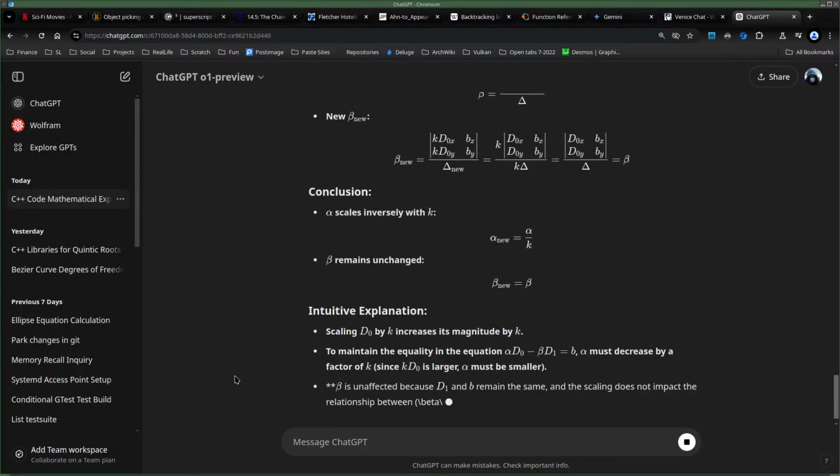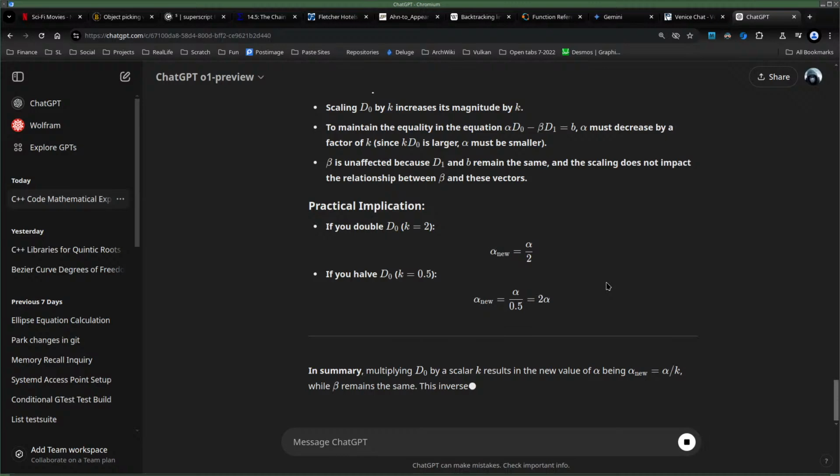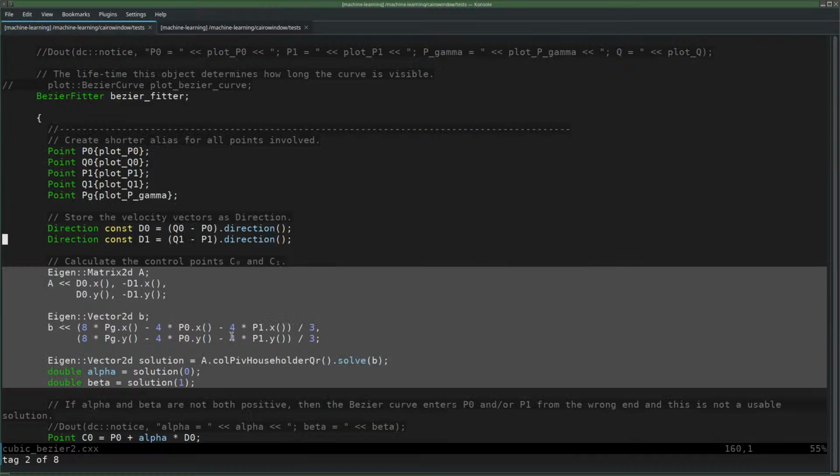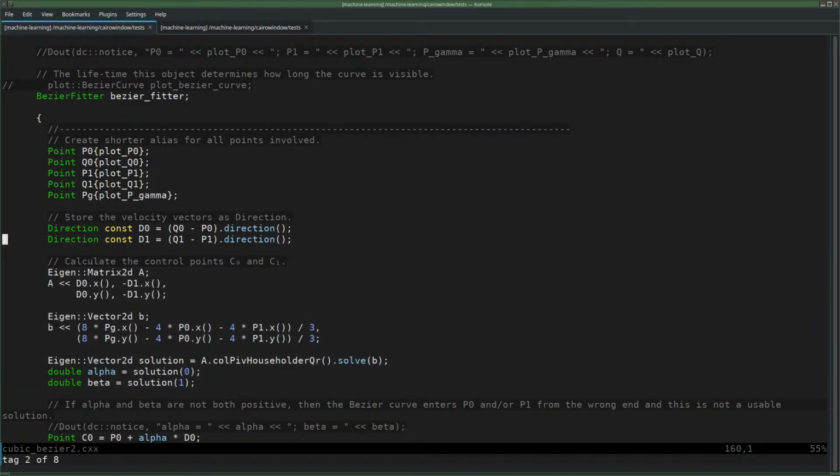Okay, so yeah, I was right. The new alpha is just alpha divided by k. So we don't really need a direction vector. I'm just going to use normal vectors here.